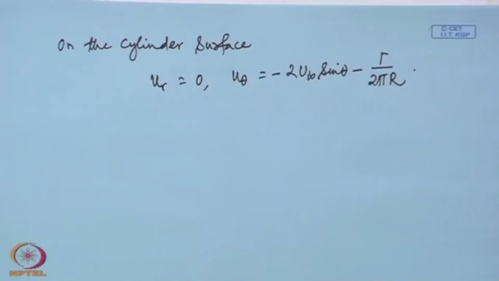At different values of gamma, the stagnation point will be located at different positions. Not only that, it may so happen that the stagnation point will no longer be on the surface of the cylinder. Anyway, we will continue that in the next class.